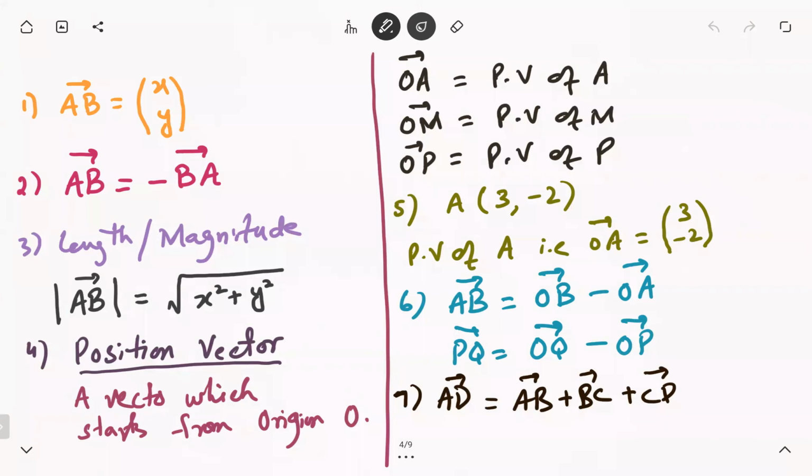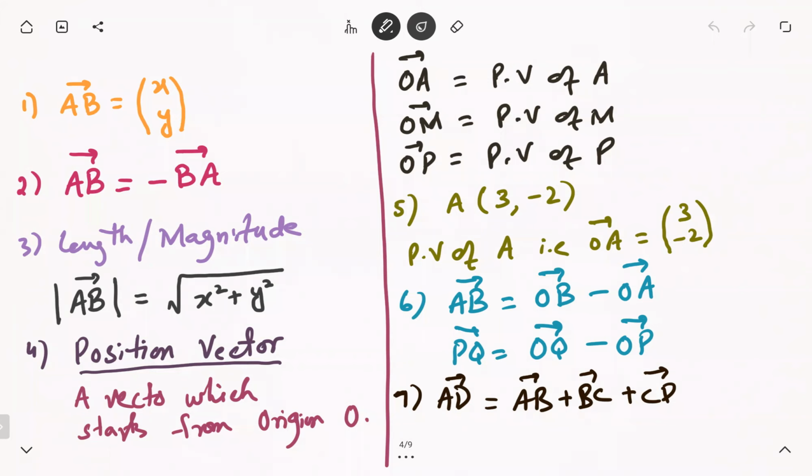What is a position vector? A position vector is a vector which starts from the origin. A vector which starts from the origin is called a position vector, like OA is the position vector of A, OM is the position vector of M, OP is the position vector of P. Next important point, if you have the coordinates of A as 3, minus 2, you can write the position vector of A as well, which is also 3, minus 2.